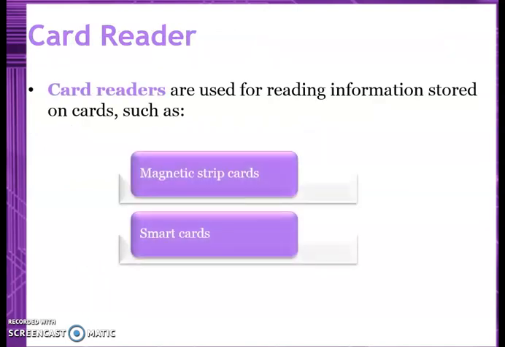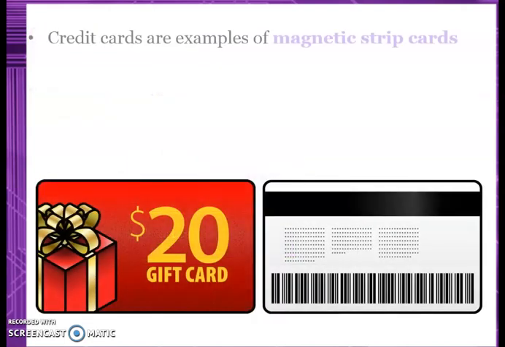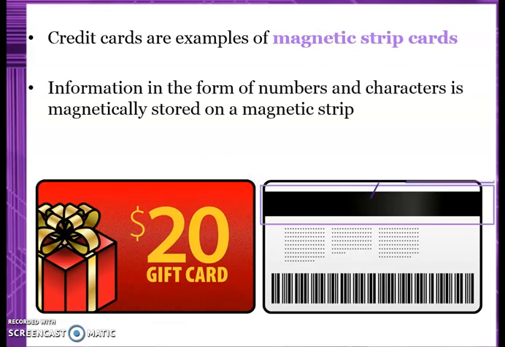Then the card reader, reading the information stored on the card, like your debit cards, mostly used in the shopping mall. When you are doing the shopping, just use your debit card and pay. So they have magnetic strip cards and smart cards.